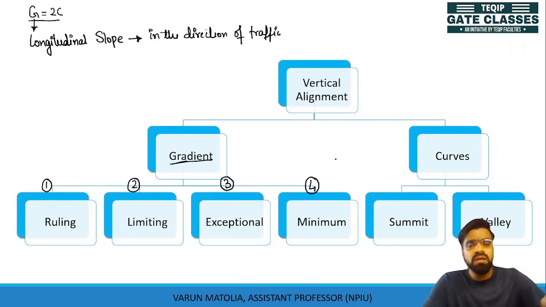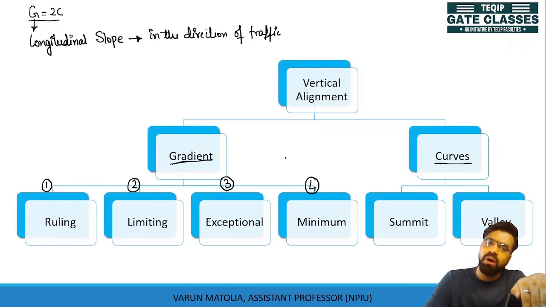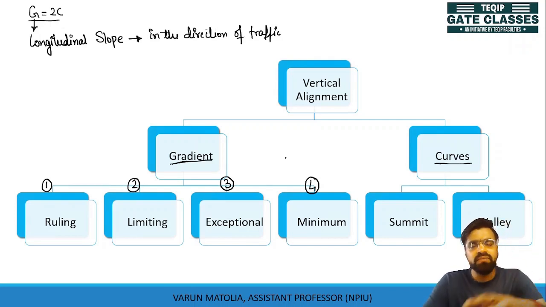Another type of vertical alignment is curve. Whenever two gradients meet, gradient can be upward, can be downward. When two different types of gradients meet with each other, they can be different in their alignment or in their magnitude. Whenever they meet, they will form a curve.